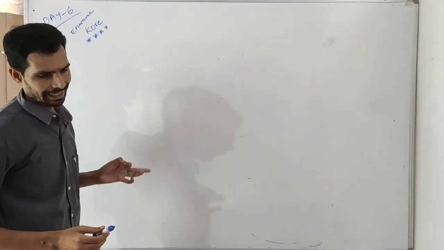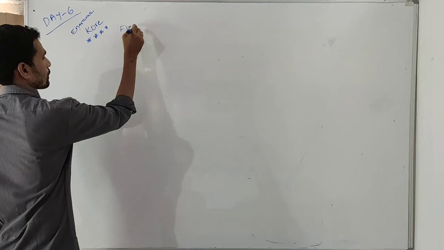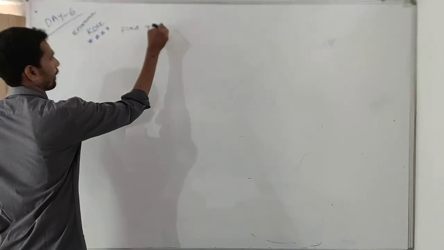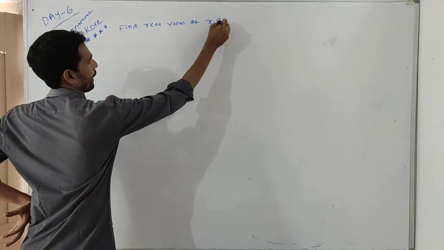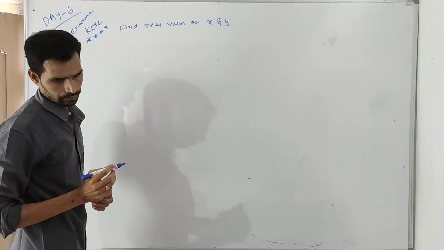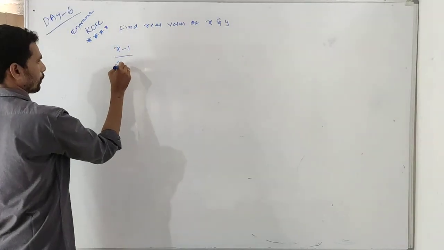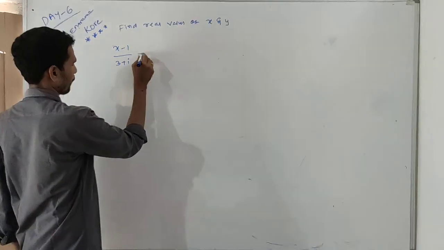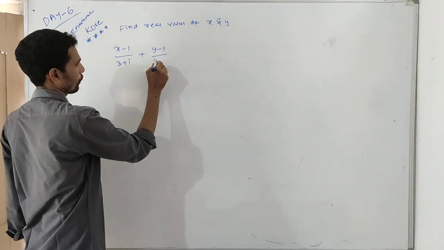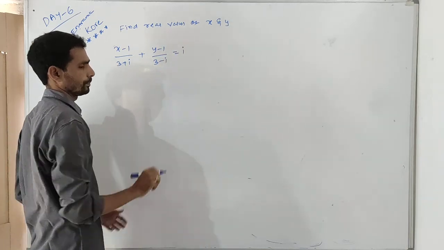Find the real values of x and y, if (x minus 1) by (3 plus i) plus (y minus 1) by (3 minus i) is equal to i only.